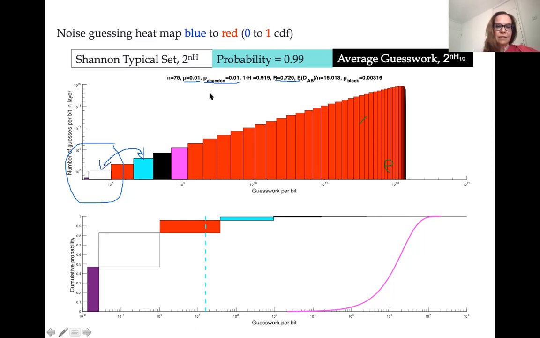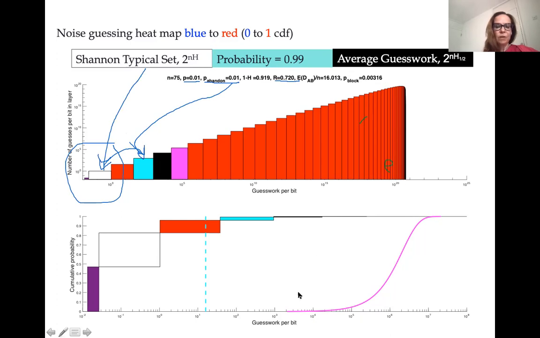Because basically this is where I'm abandoning. This is my probability of abandoning, because I'll abandon after this amount of time. So I hit the typical set way before I abandon. With this typical set here, I still have a very good block error probability.